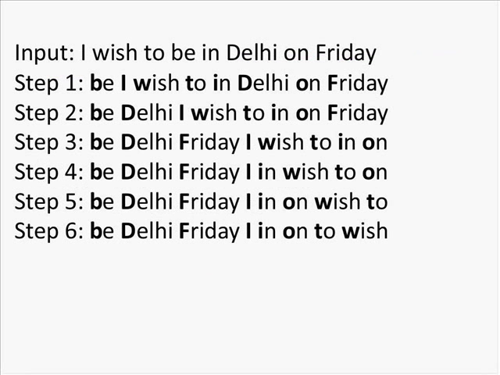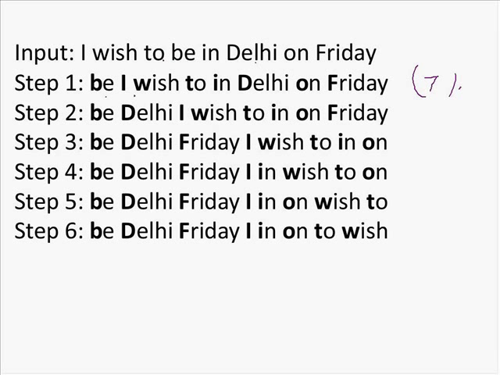Okay, now you come. Now for the words, if you see here, I wish to be in Delhi on Friday. First word is be. I wish to in Delhi on Friday. How many are there? 3, 6, 8. Here the 7 should be natural. That means there will be only one automatic switching. You see, be, I wish to be.